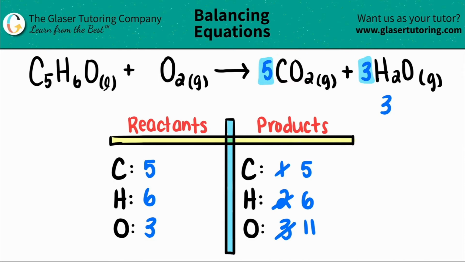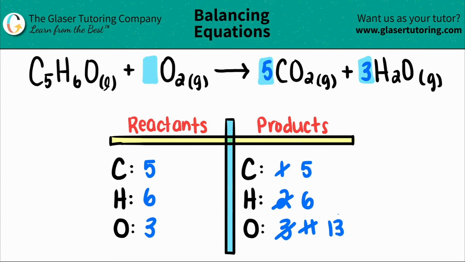So we have a total of 13 oxygens. Okay. Now, everything else is balanced except for the oxygen, right? And I don't really want to put a number here because then that would mess up the carbon and the hydrogen. I know that I have to put a number here. But I don't really know what number because 3 times something is not really 13.